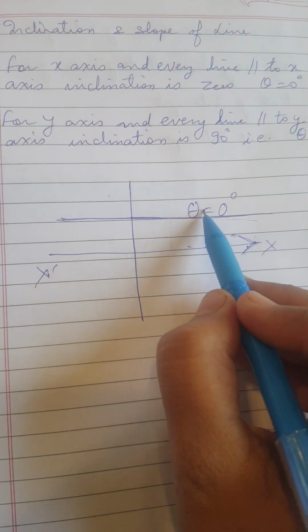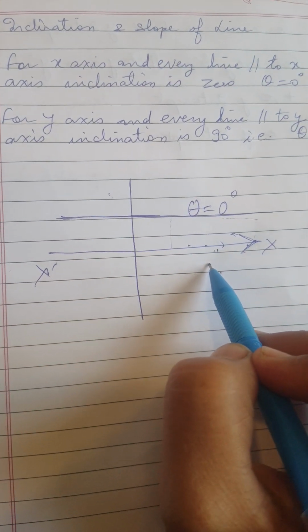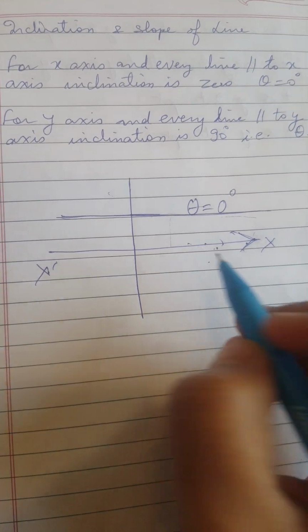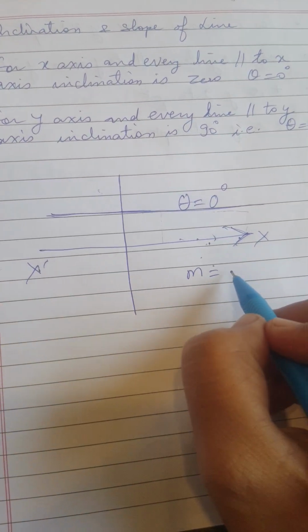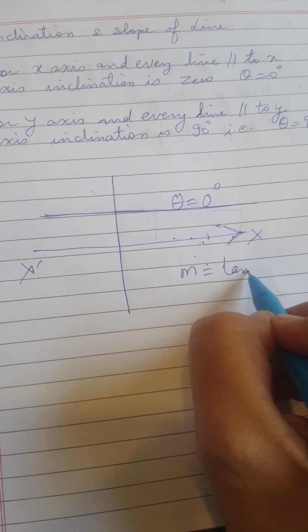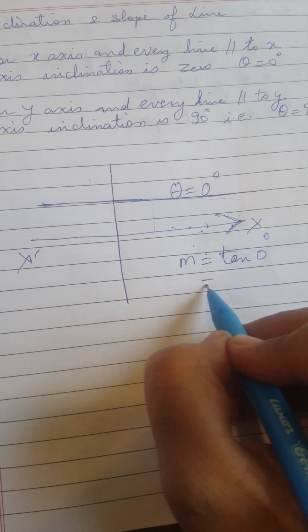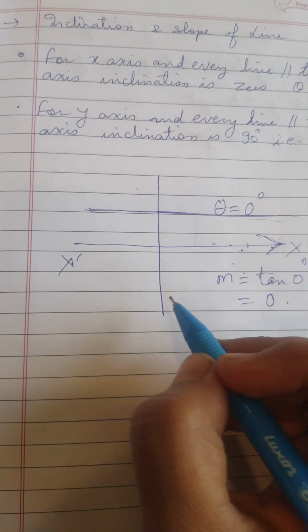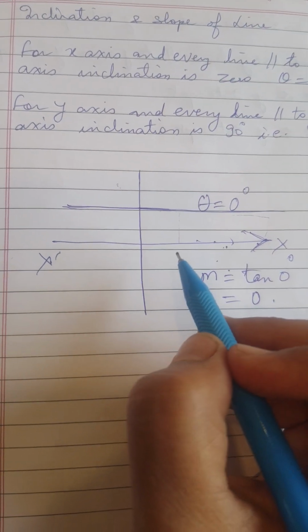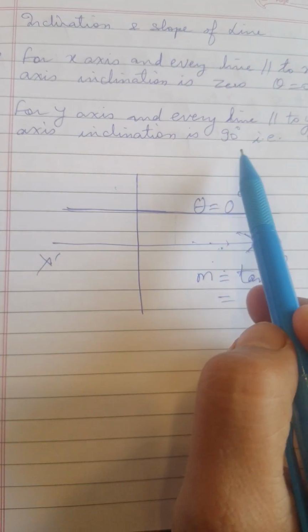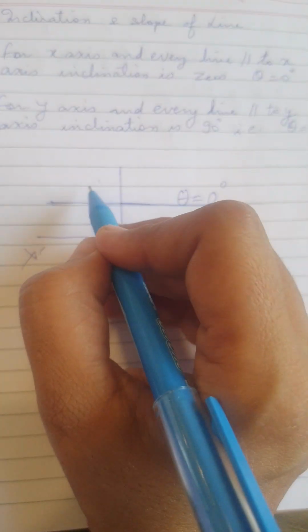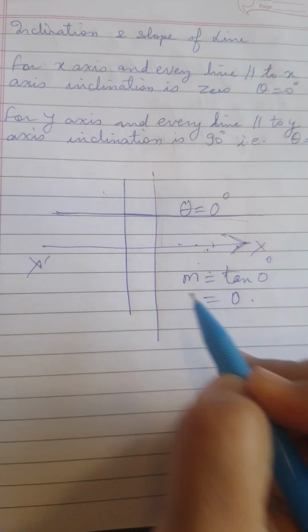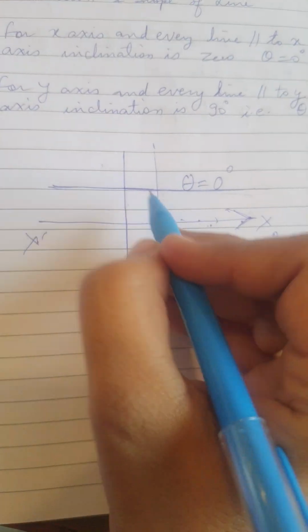So the angle which it will form with the x-axis is 0. So in that case, your m will become tan 0 degrees, and the value of tan 0 degrees is always 0.